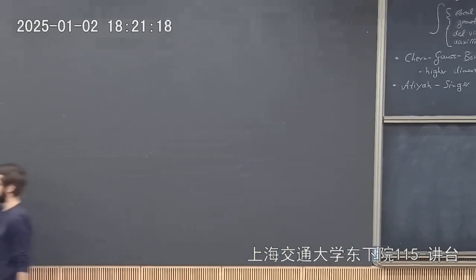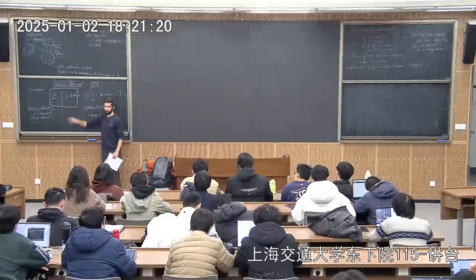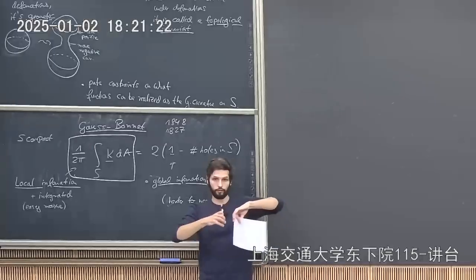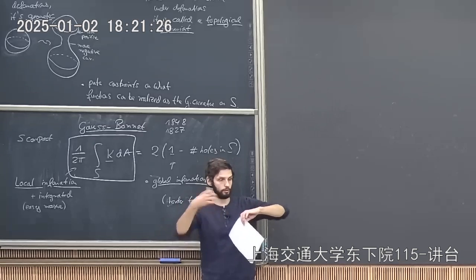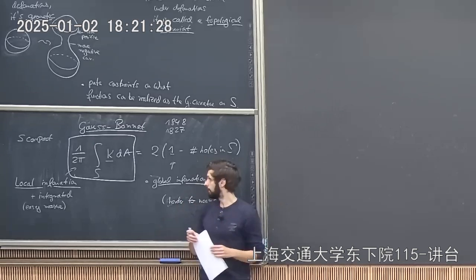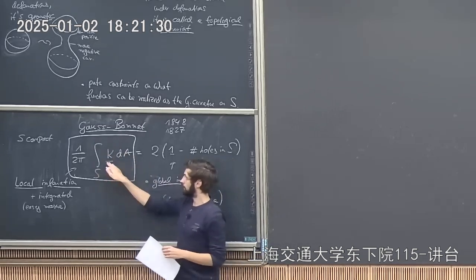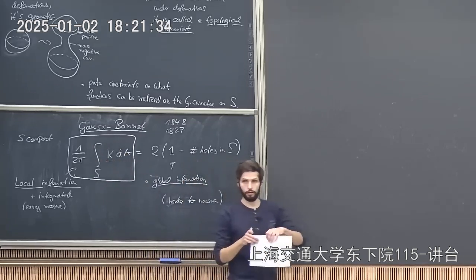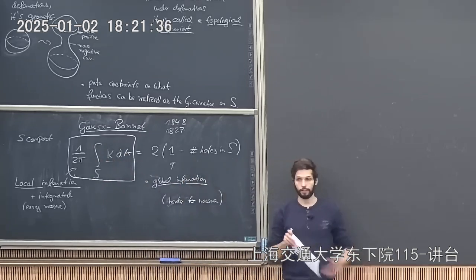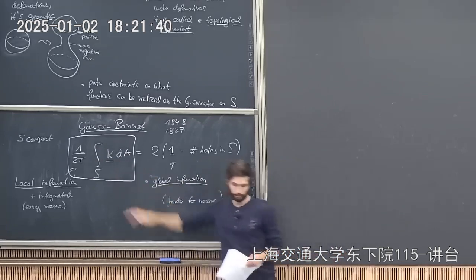Because we want to integrate over the surface, one idea is we make it small, like a union of small balls, say, or small rectangles, and then we integrate locally, and locally we can use our expressions that we had with the connection forms and so on. So that's the idea to get the left-hand side.